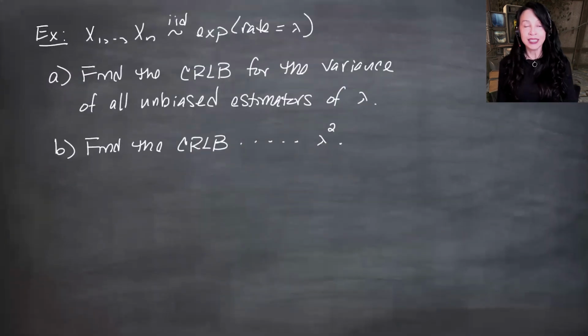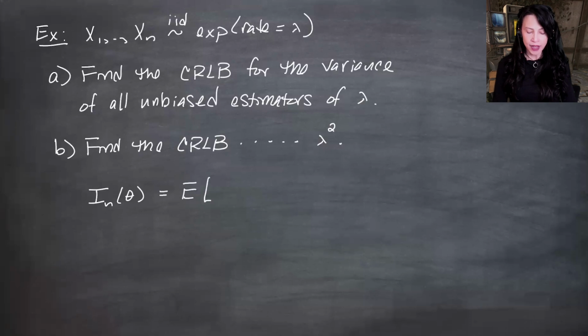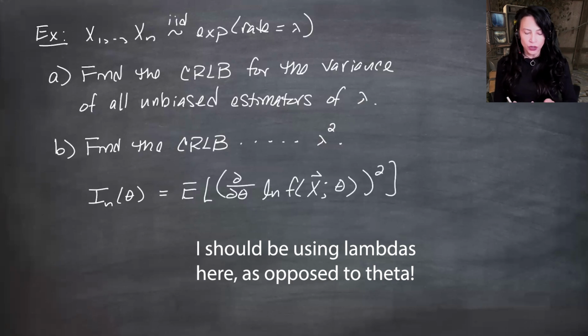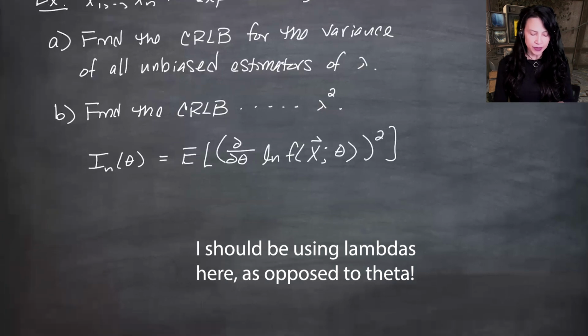Okay, so let's go for that Fisher information. We're going to need it for both A and B. This is the expected value of the partial derivative with respect to theta of the log of f of capital X, that's the joint PDF, squared, and close that. So let's build up this expression.